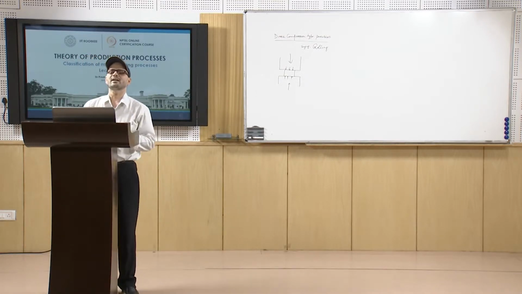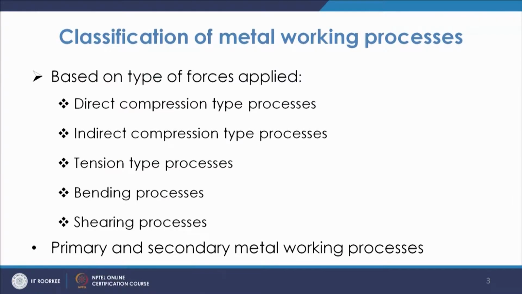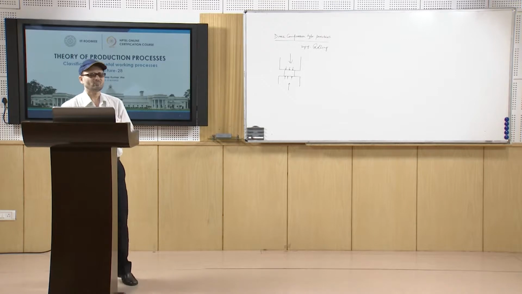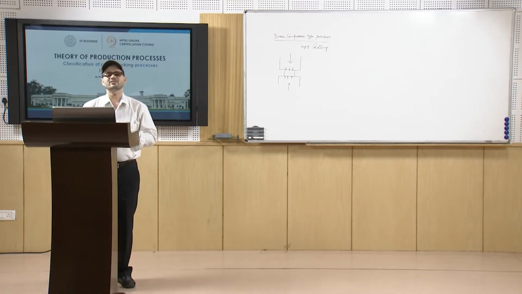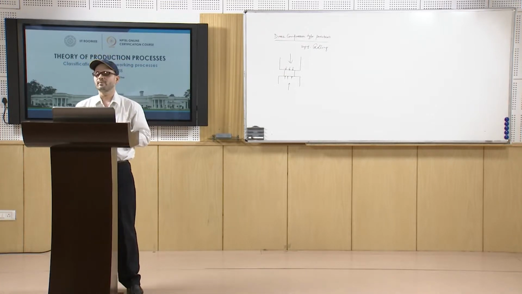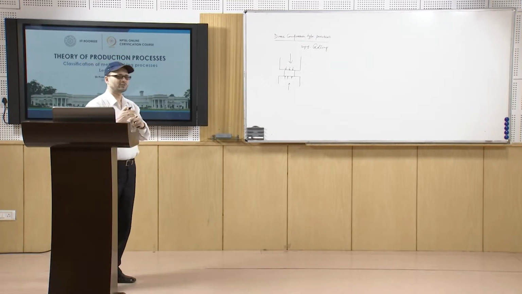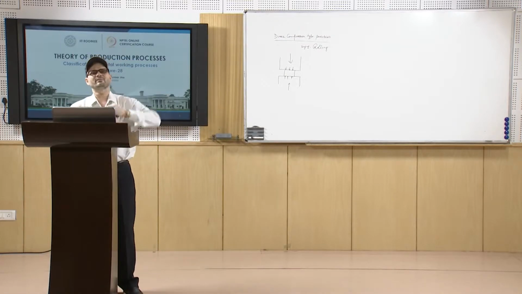The examples are wire drawing, tube drawing, rod drawing and so on. These are examples of indirect compression type processes. In these cases the primary applied forces are normally tensile, but the indirect compressive forces are developed because of the reaction of the workpiece with the die, and that reaches very high values.